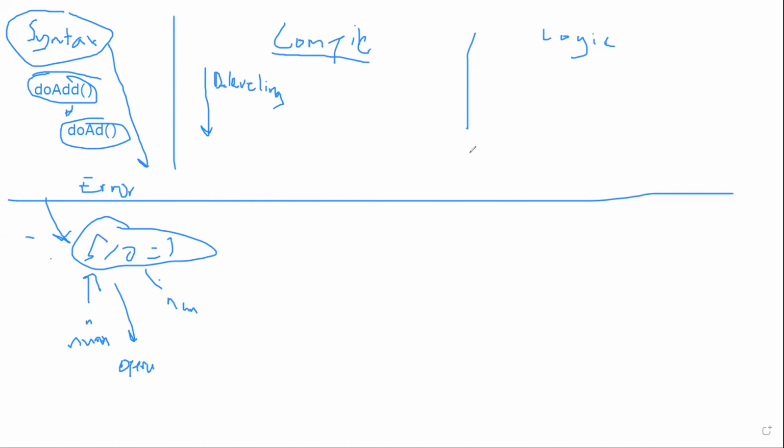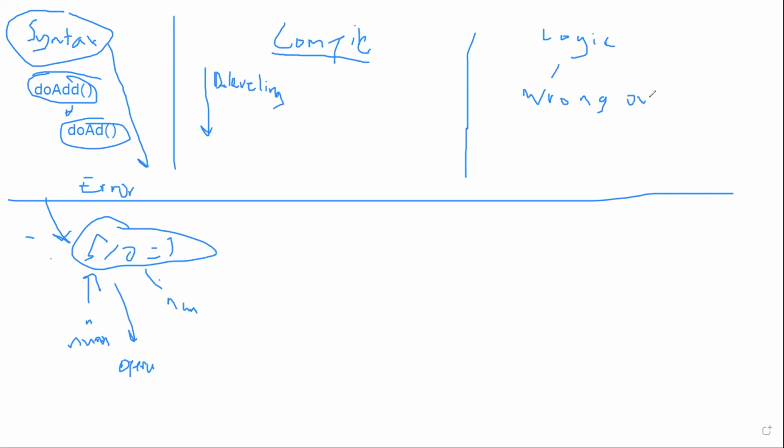It's sort of like dividing by 0. Logic errors, meanwhile, are exactly what it sounds like. This is essentially when the program works fine, but it doesn't return the correct output. For example, if you wrote a program called do addition, and you give it two numbers, 3 and 5, instead of returning 8, it returns 7.